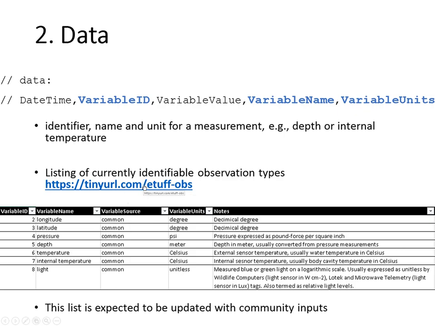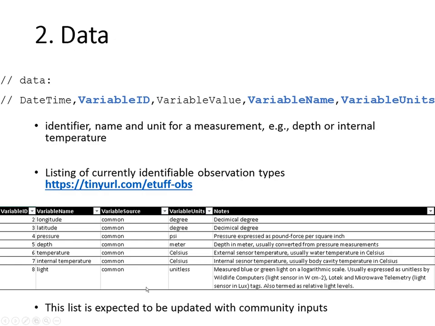So if you download it and open it up, you can see what it's about. It has those three elements: variable ID, name, and units. For depth, you can see the units we use is meters. For temperature, it's Celsius.